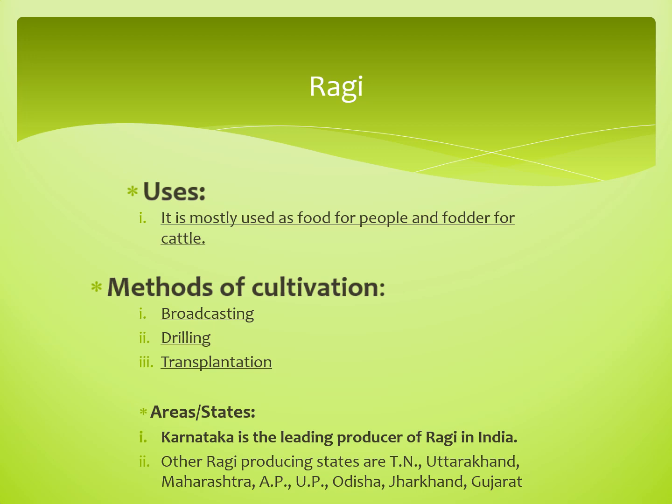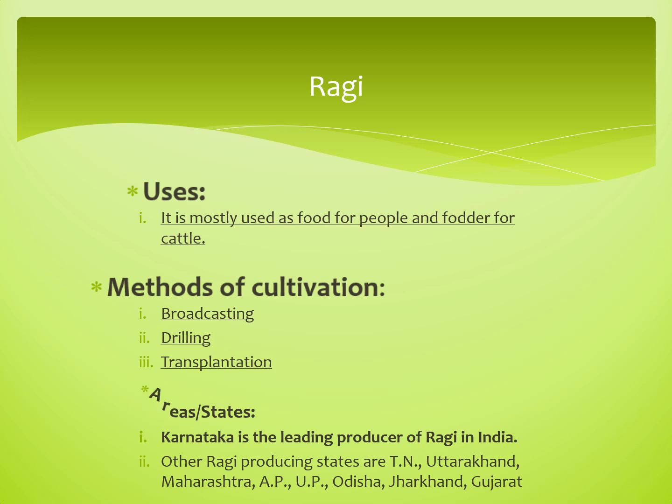That means different varieties of methods like broadcasting, drilling, transplantation methods can be used in cultivation of ragi. I have discussed about all these methods in detail in my previous video on cash crops. You can go to that video and can clarify all your doubts.